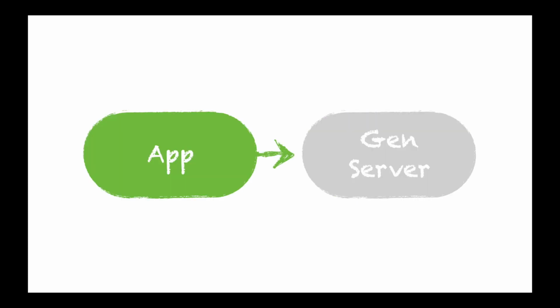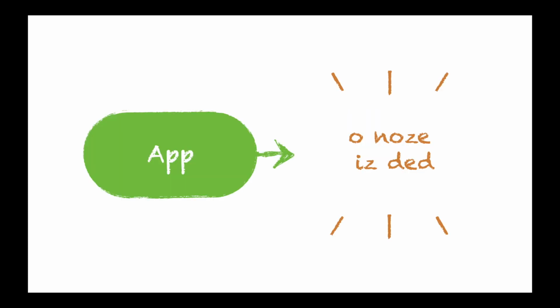Now, you might be wondering how you might start these. One way would be to start them directly with your application. But that has a problem. If the service dies, if the process dies, then the application is left holding this sad little pointer that it doesn't know what to do with. So the application is sad, everybody is sad, and we don't know what to do.